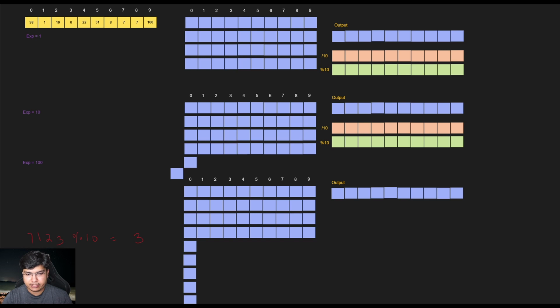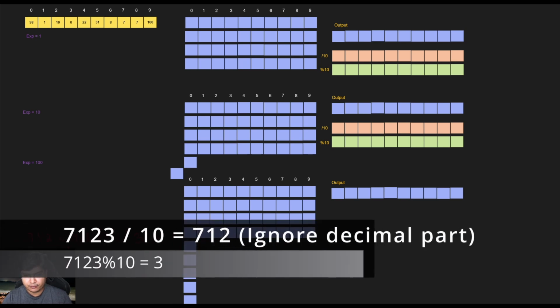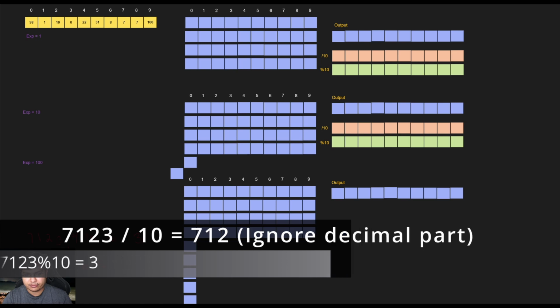In the second case, if I want to extract 2, I first have to divide this number by 10, giving 712. I'm just considering the integer part and ignoring the decimal part, like 0.3. Then I do the mod 10 again, and this gives me 2.